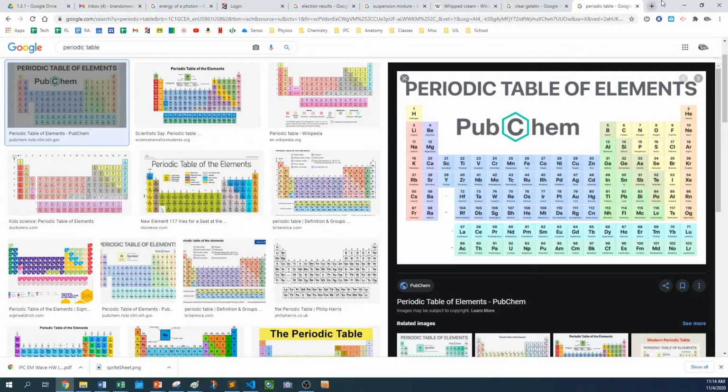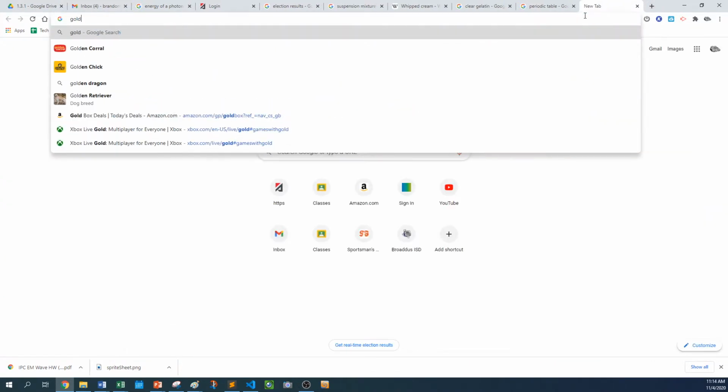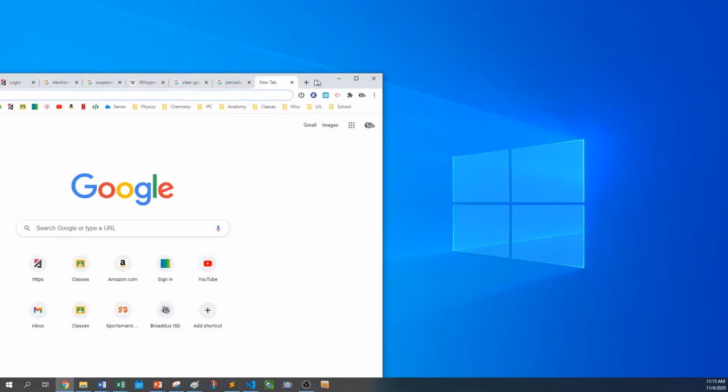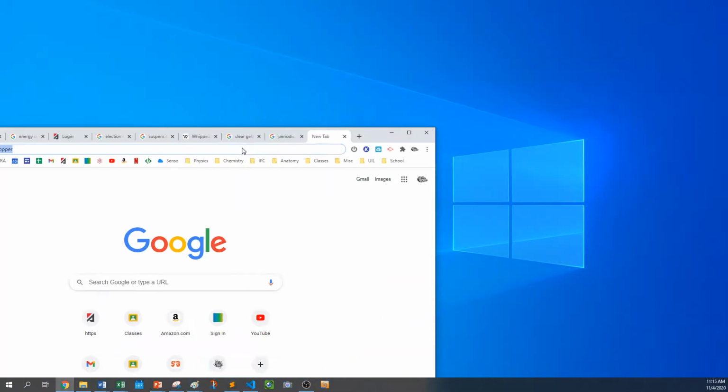So if you have a mixture of gold plus copper, the gold atoms are going to retain their ability to be gold, and the copper atoms are going to retain their ability to be copper. If you had an acid that only dissolves copper but not gold, and you put in a gold copper ring, the acid would dissolve all the copper, but the gold would sink to the bottom. That's how they really separate the gold out: they put it in sulfuric acid or some material that doesn't dissolve gold. Because it's a mixture and they're not chemically bonded together, the atoms have different properties. But an alloy is a solution or a homogeneous mixture.